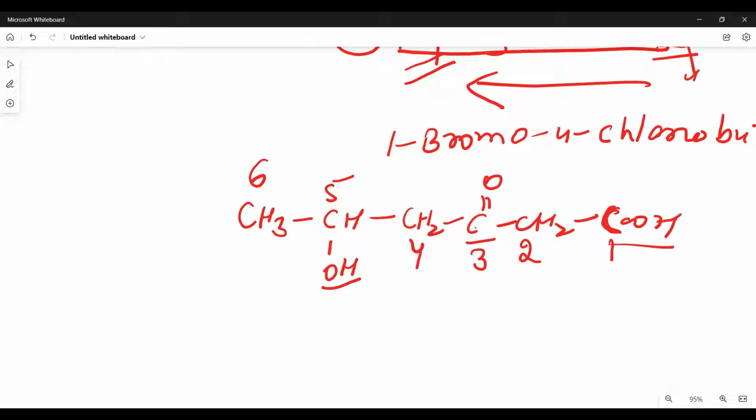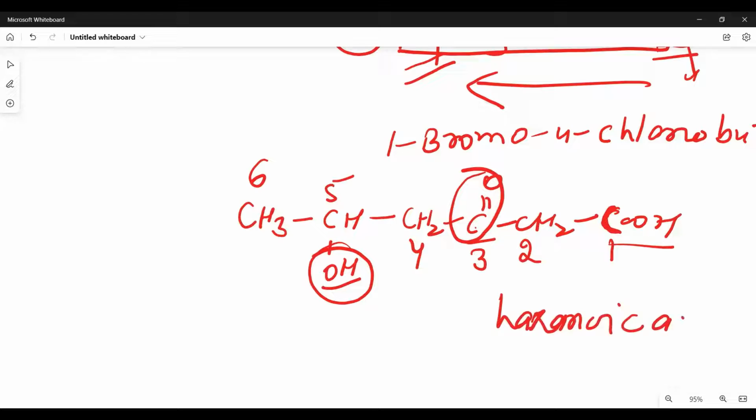So here you can easily understand there will be an OH group and a C double bond O group present in this chain. First of all, you have to see what the parent chain is. It is hexanoic acid, because there is no double bond or triple bond. So we are writing hexanoic acid. We are not writing hexene or hex, because that comes only when you have a double bond or triple bond. So now see, it is hexanoic acid.